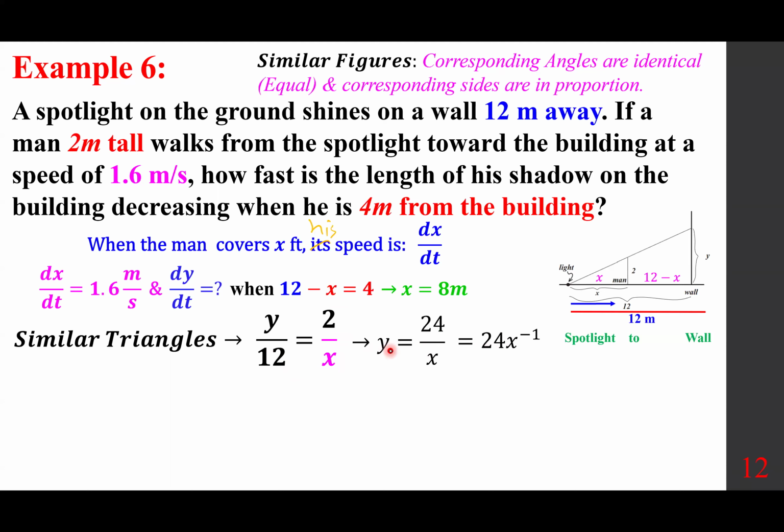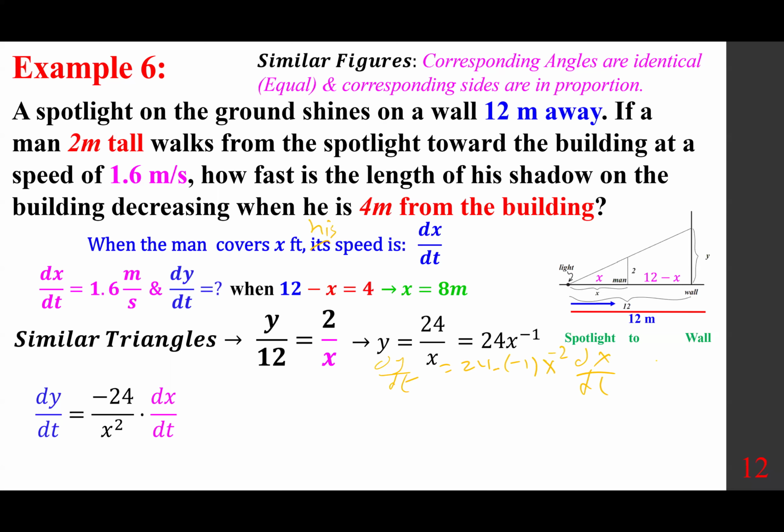So what is dy/dt? 24 times, now differentiate this one. dy/dt is 24 times negative 1 x to the power of minus 2, and dx/dt.